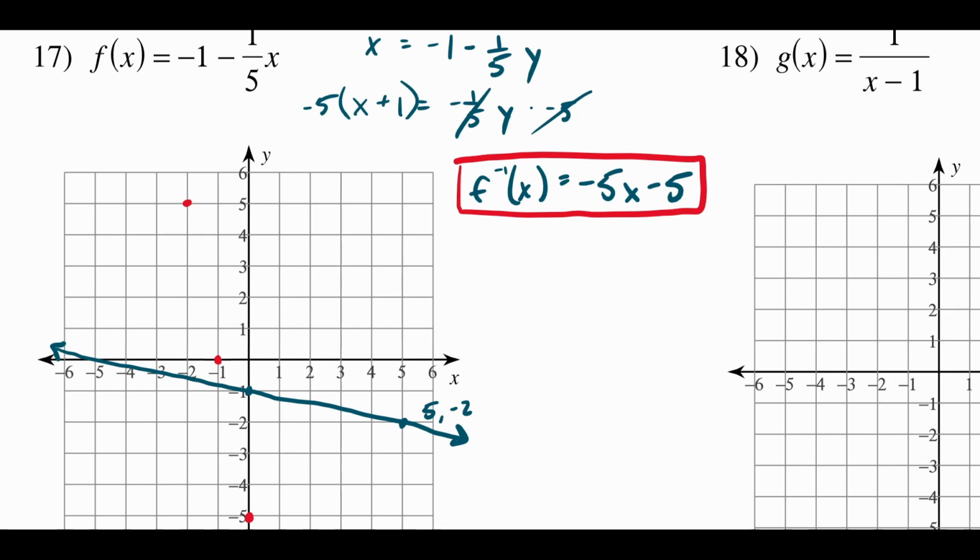Switching those x and y's. And look at that line that we can now form, connecting those 3 points, even though we only needed 2 to form this linear equation. And there we have it, the function and its inverse both graphed.